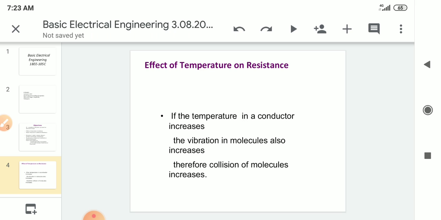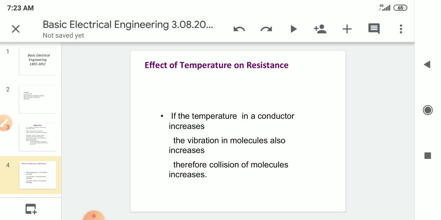It means the resistance of insulators decreases with increase in temperature. So it has a negative temperature coefficient. The next model is semiconducting materials. The resistance of semiconducting materials also decreases with increase in temperature.